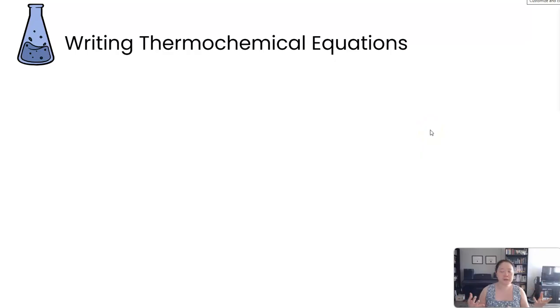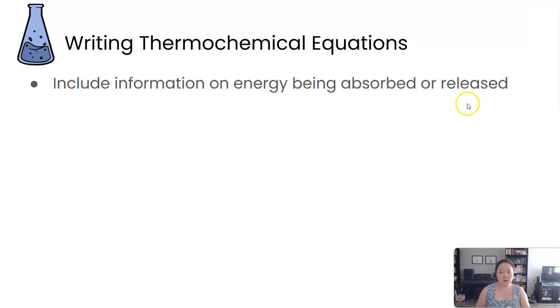Now, how can you express this thermochemical information? Well, you can write them as equations, for one. When you're writing your thermochemical equations, it's like you are writing a balanced chemical equation, but you are adding that enthalpy information into your equation in one way or another.